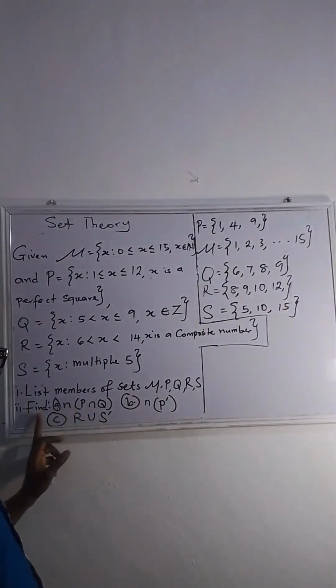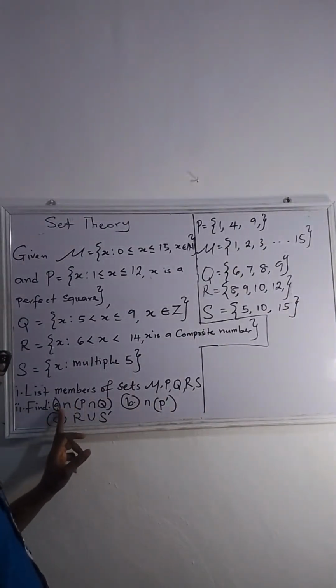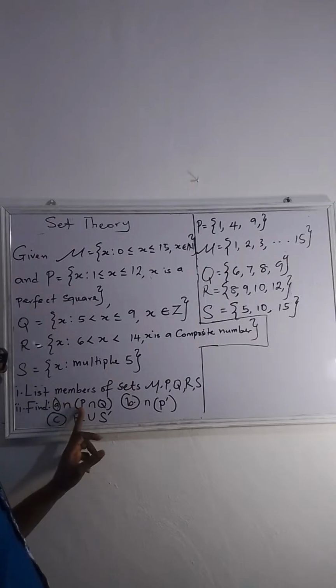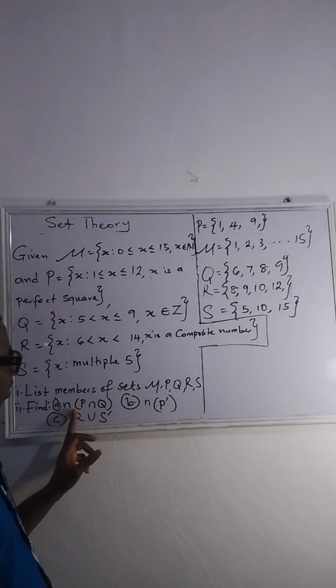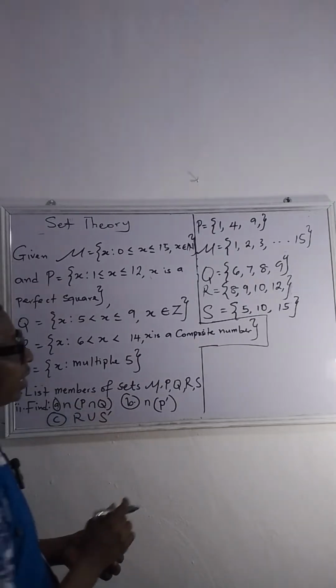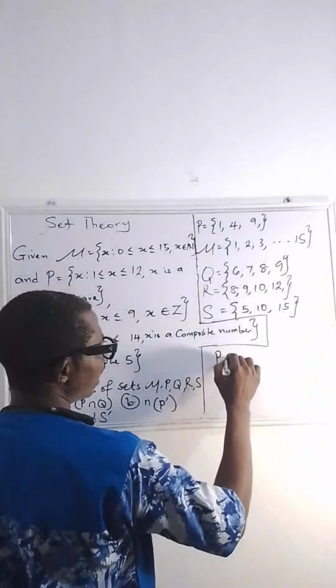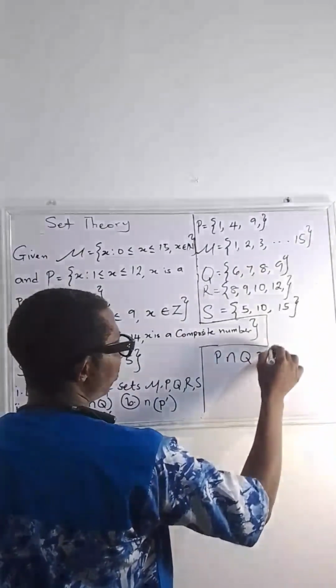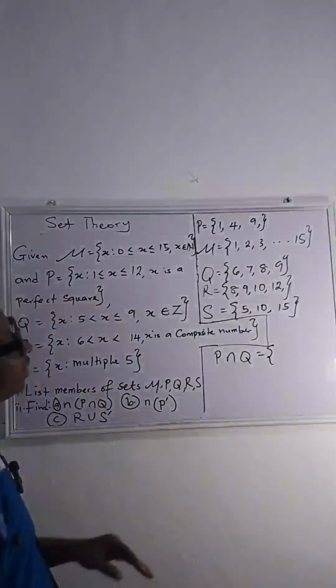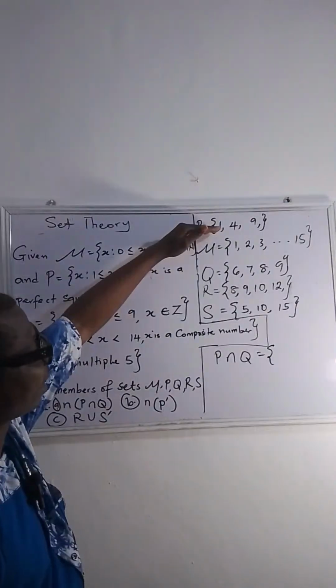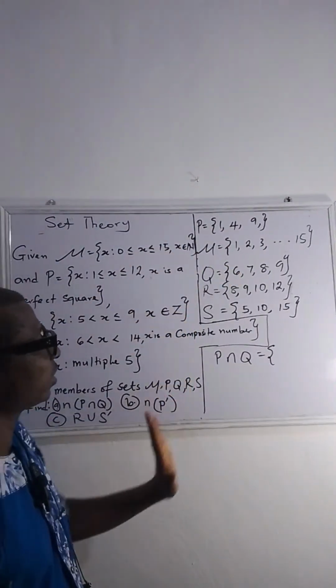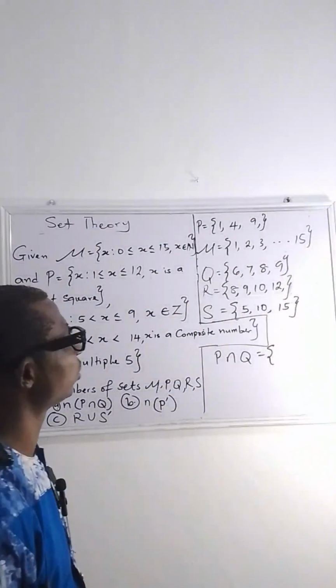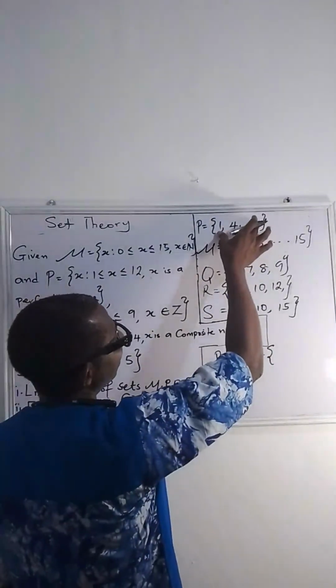Now the second task is this. Find the number of elements in P intersection Q. The first thing is to find P intersection Q. P intersection Q are those elements that are in set P and are also in set Q. So what are the elements that are here and also here?